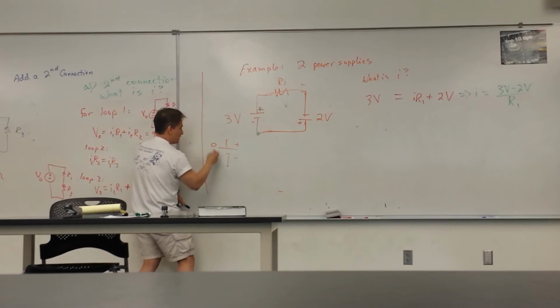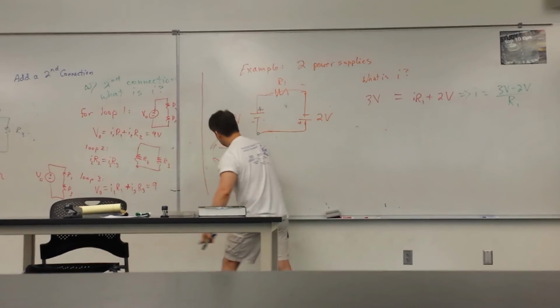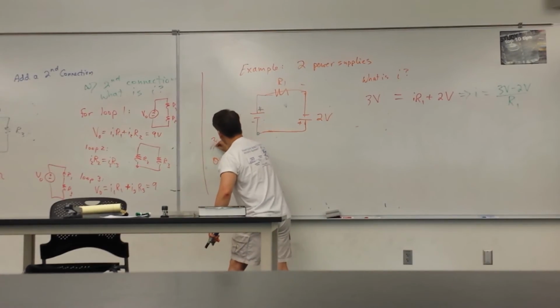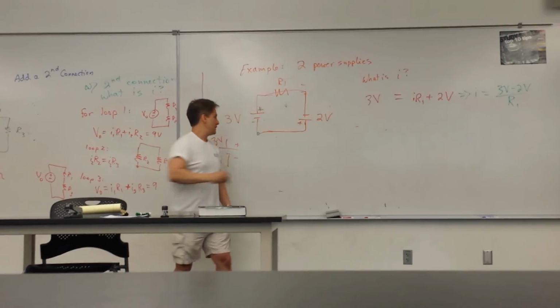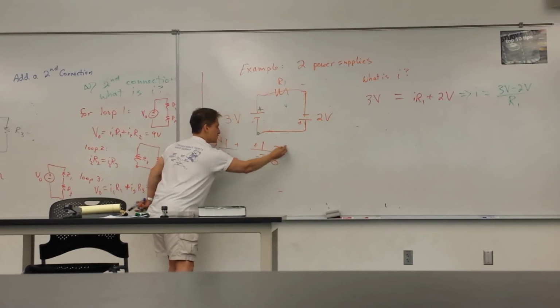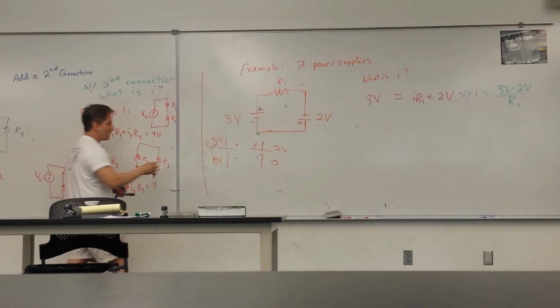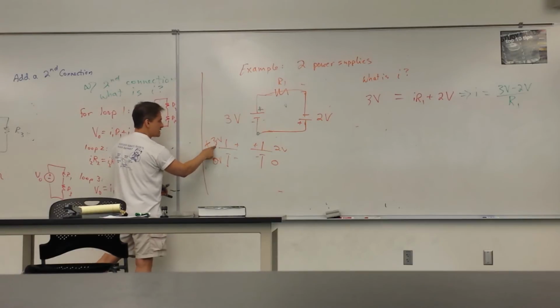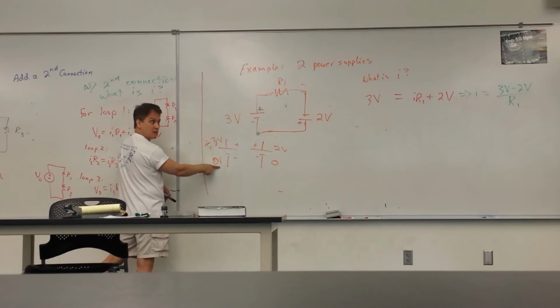We say this is 0 volts, and this is, say, plus 3 volts. And then we'll say this other one is 0 volts and 2 volts, right? Well, all these volt values do is define the difference between the endpoints.